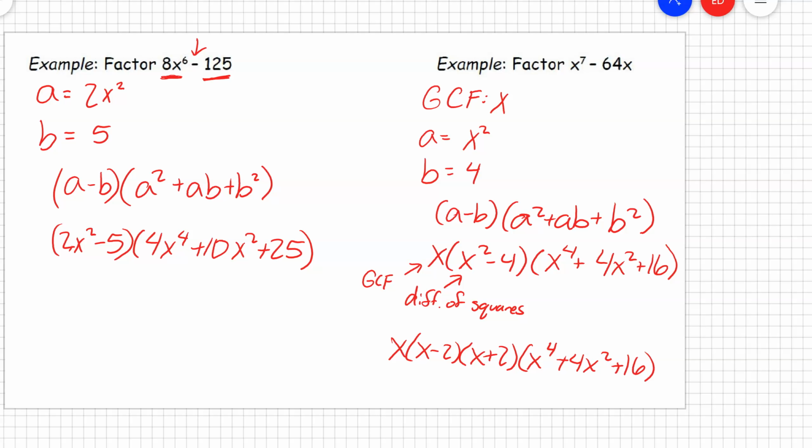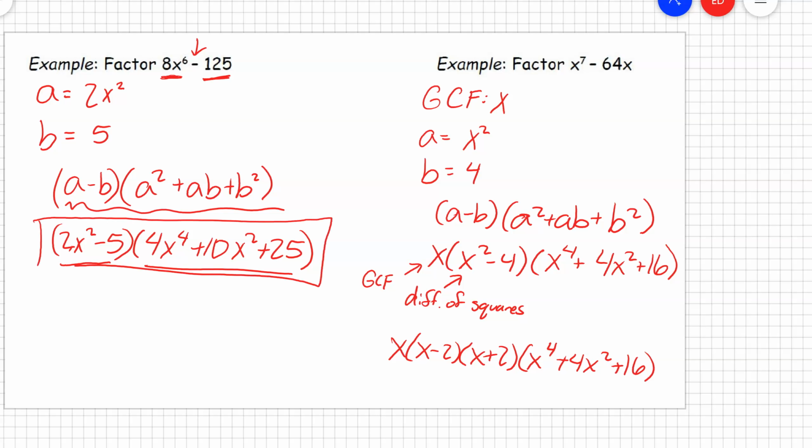All right. So I set up the basic equation, and we substitute A and B in. Last step is to take a look to see if there's anything that we can divide out of either the binomial or the trinomial, and in this case it's fully factored, so you're completely finished with this one. And it should just be 2x squared minus 5 times 4x to the 4th plus 10x squared plus 25.